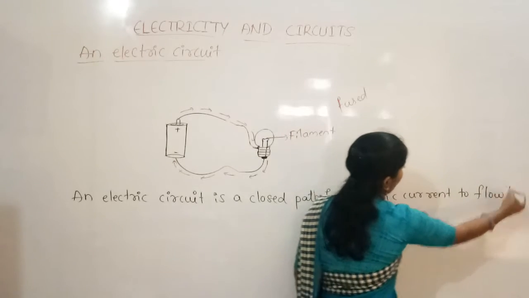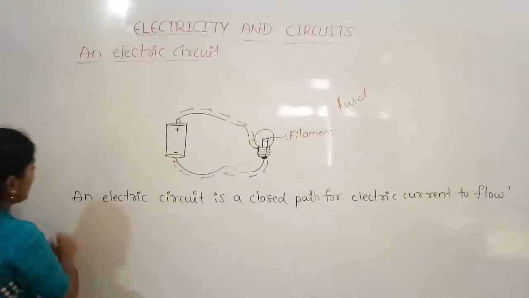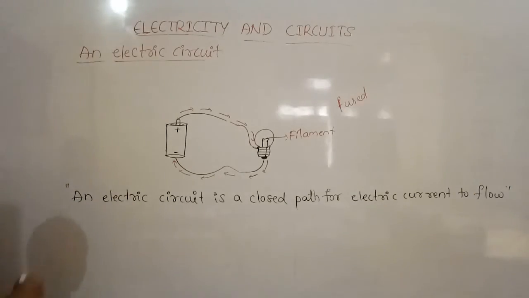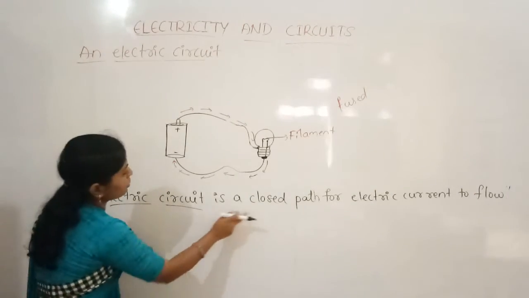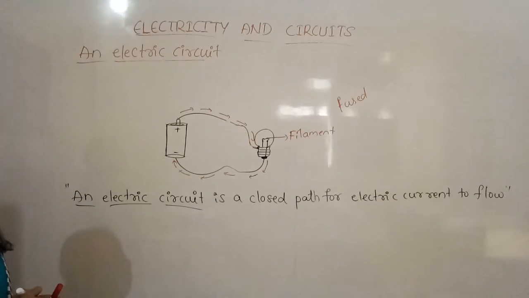Okay, so this is how we can define an electric circuit. An electric circuit is a closed path for electric current to flow.